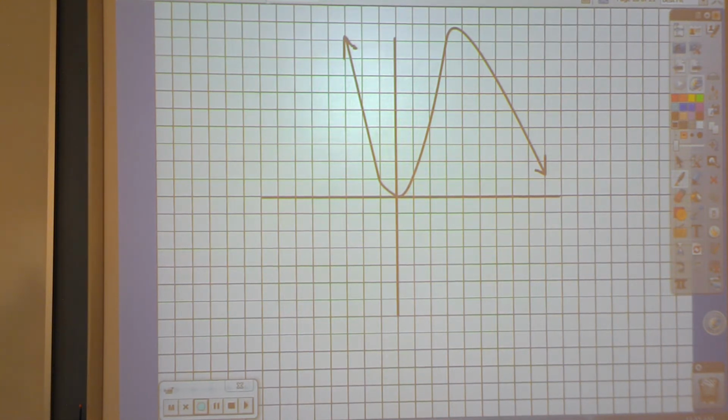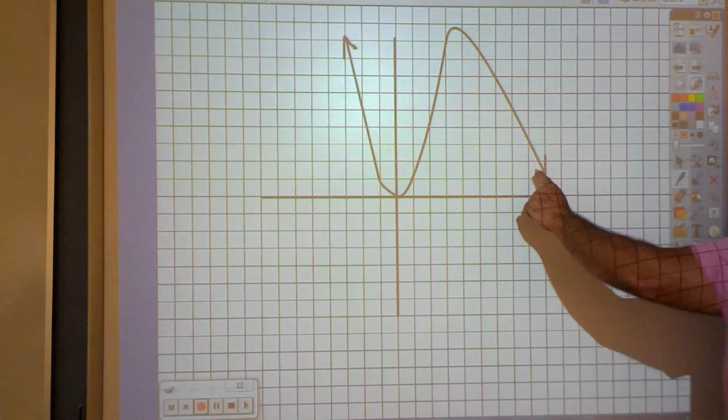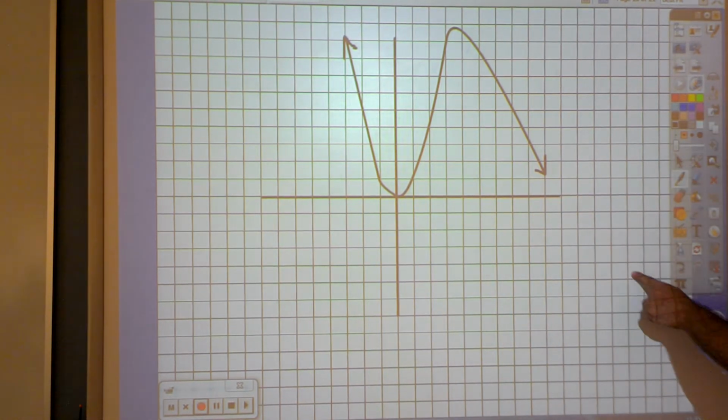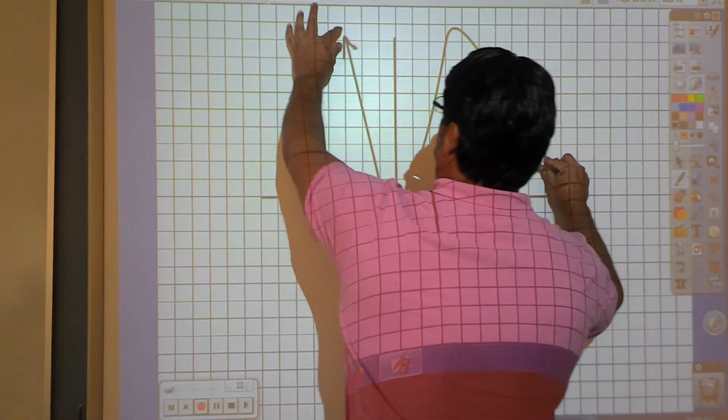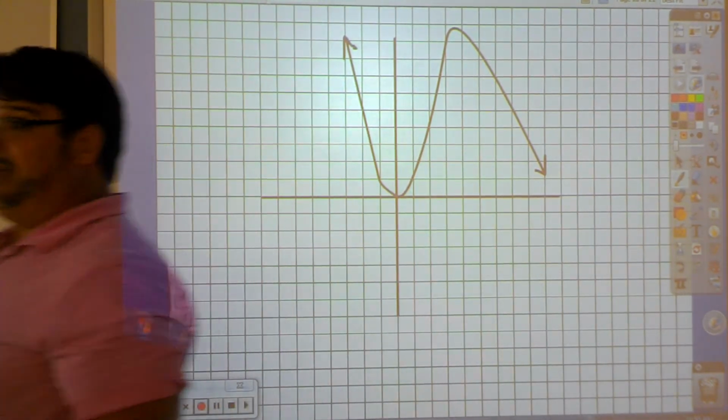Theoretically, it will never stop. This keeps going and going. All the x values are being used up because of the arrows. Write that down.